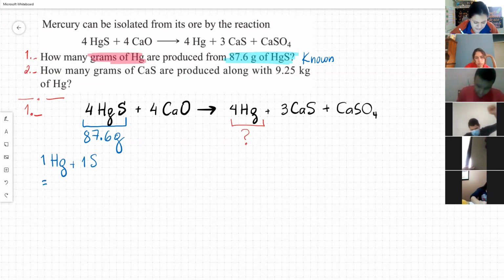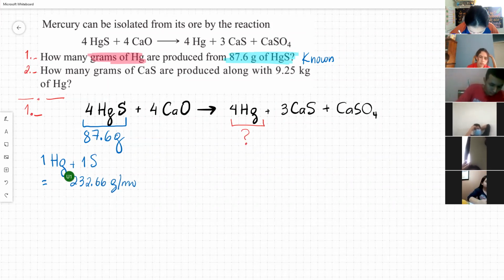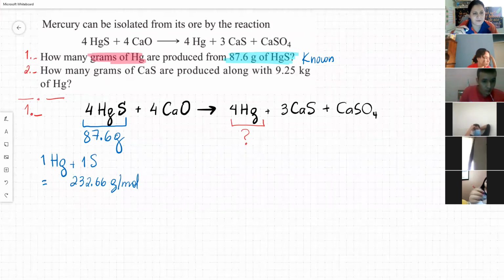I don't know if this one is the same that you got, but we're not going to fight if yours is a little bit different, okay? If it's accurate, it's okay for me. This is what I got, 232.66 grams per mole.